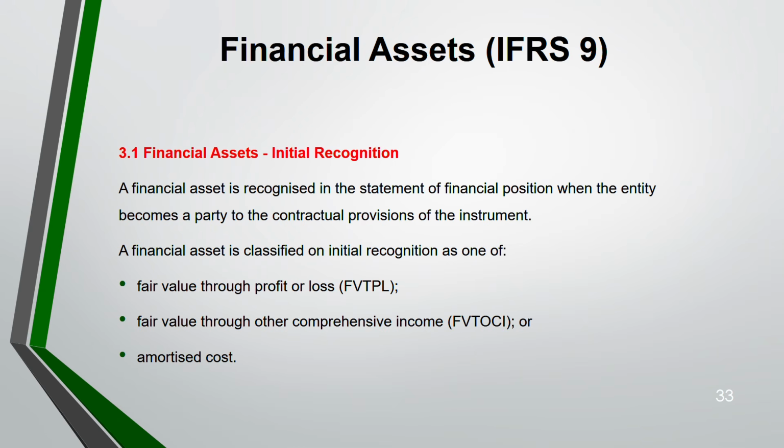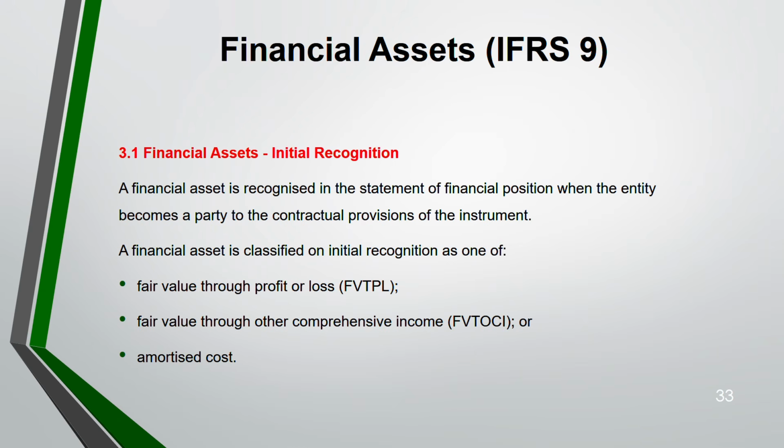Normally, let's compare this with IAS 16. Why IAS 16? IAS 16 is the easiest standard when it comes to assets. Remember, for non-current assets, our first standard was IAS 16, that is property, plant, and equipment. There, initial recognition is at cost only.